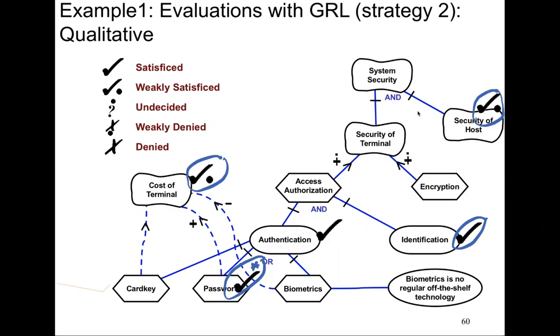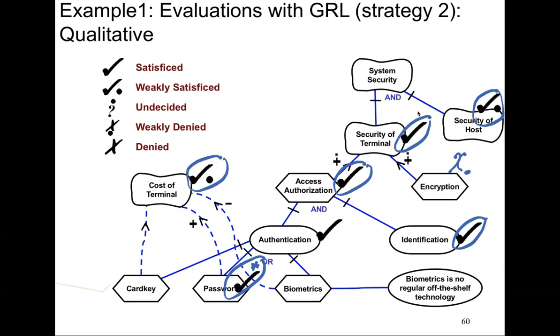And now, because we do have an AND relationship decomposition between the authentication goal and the identification goal, the access authorization is fully satisfied. And of course, because we have a make relationship and we assume this is weakly denied, a make relationship between the two will guarantee that we are propagating the full satisfaction, like the star and the check mark one.